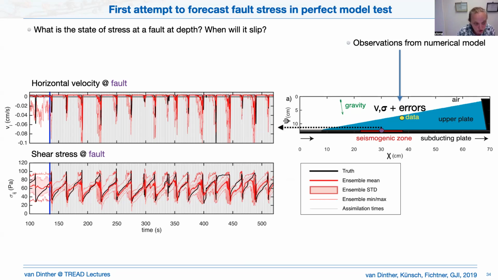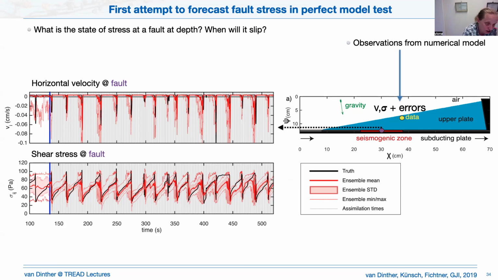And this works for the velocity because the models have an idea of the shear stresses. The shear stress is the figure below that. Before the data assimilation, the shear stress is not known, but the minimum and maximum of the stresses are known because it's a synthetic test, so we know the parameters.